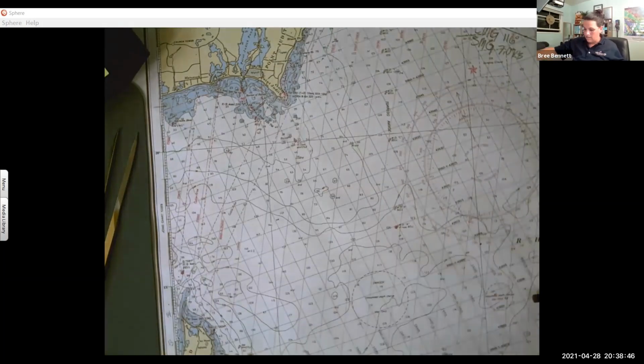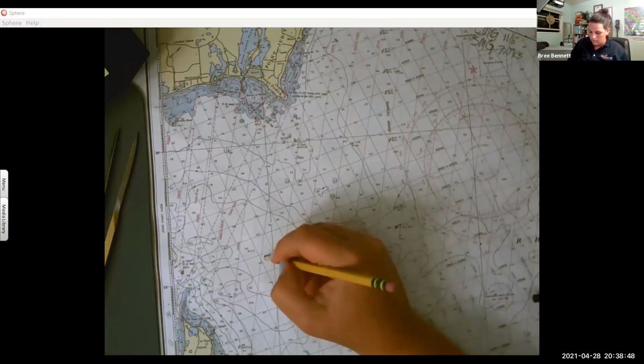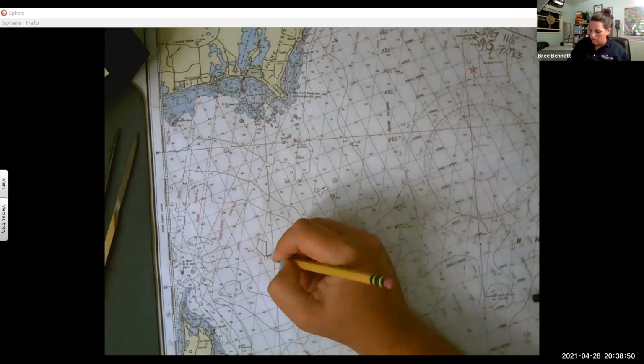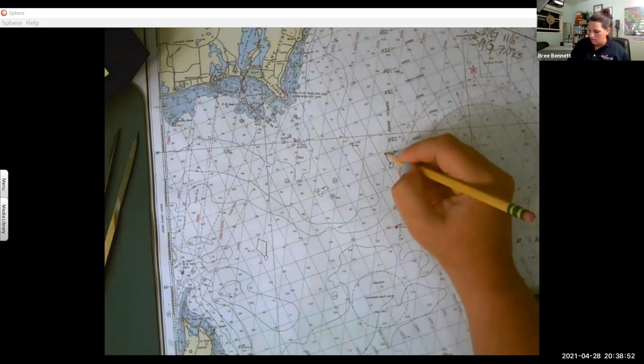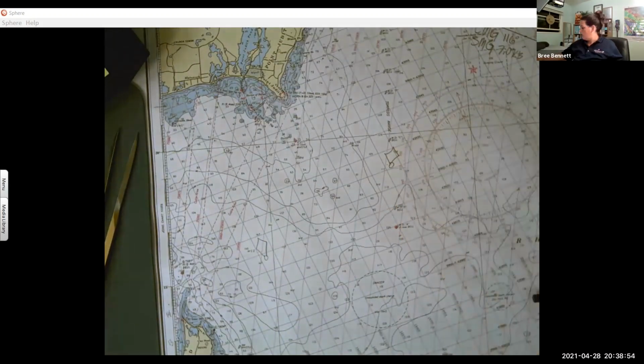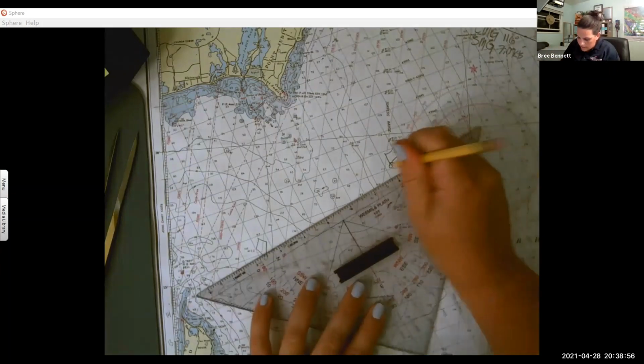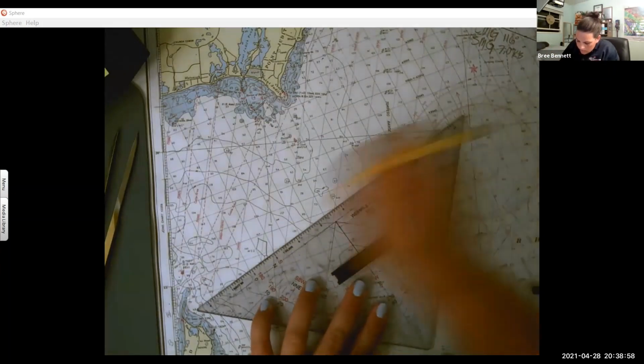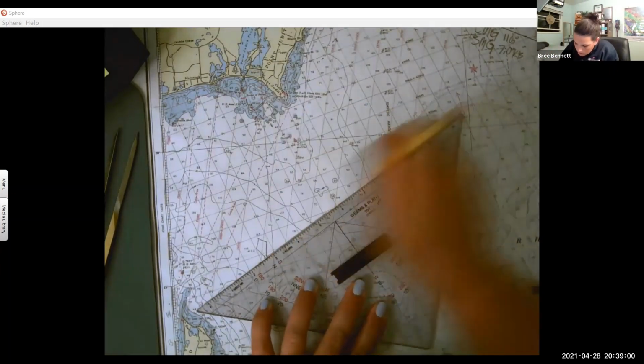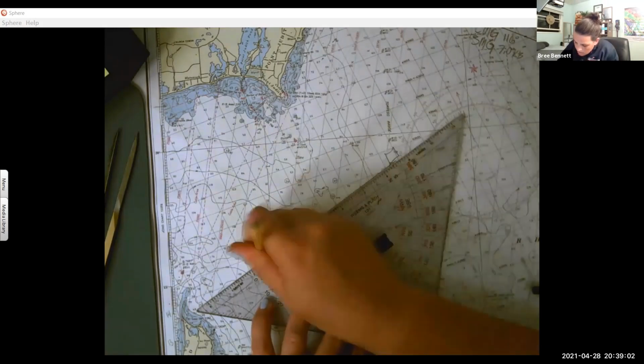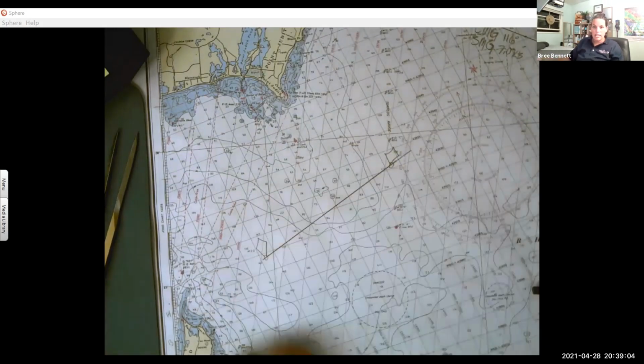Let's draw it in. Here's a buoy, and here's another buoy. I'm going to connect these. Can we see that line on the chart, right? Mhm.